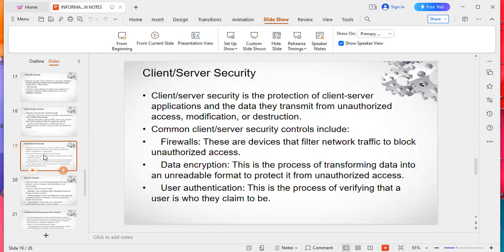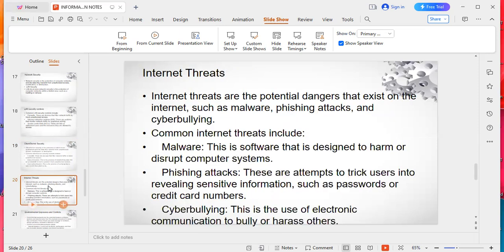Now, at the client-server level, this is the protection of client-server applications and the data they transmit from unauthorized access, modification, or destruction. Again, the common security controls include firewalls, data encryption, and user authentication. At the internet level, we have threats, and some of the common ones are malware, like I mentioned, phishing attacks, and cyberbullying.